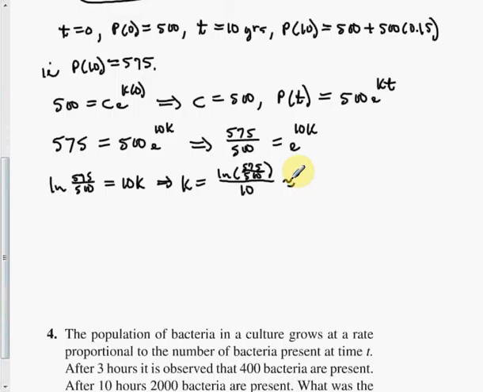On your calculator, that's a really small decimal, 0.01396.